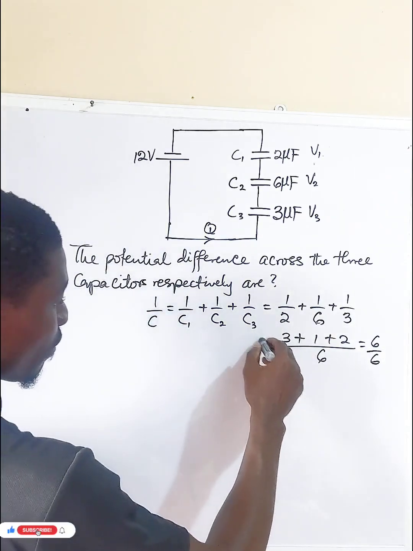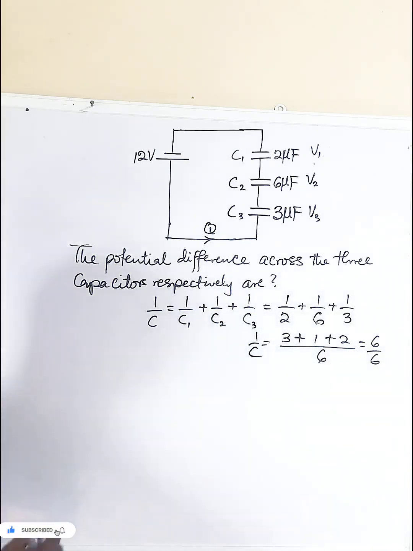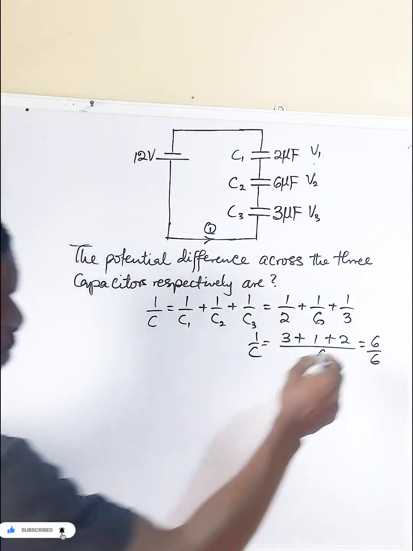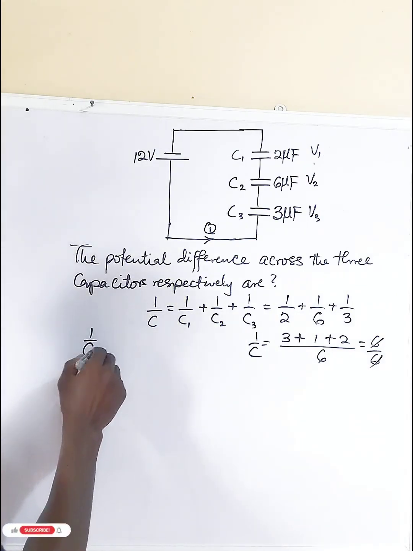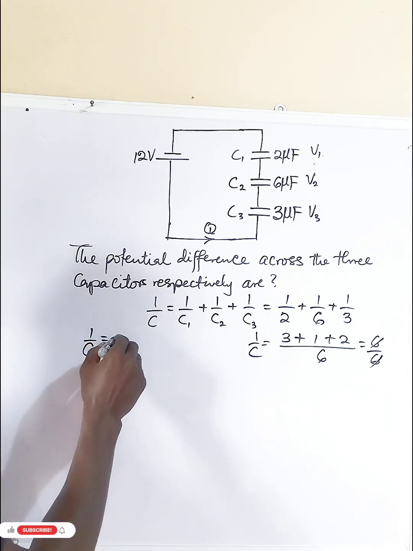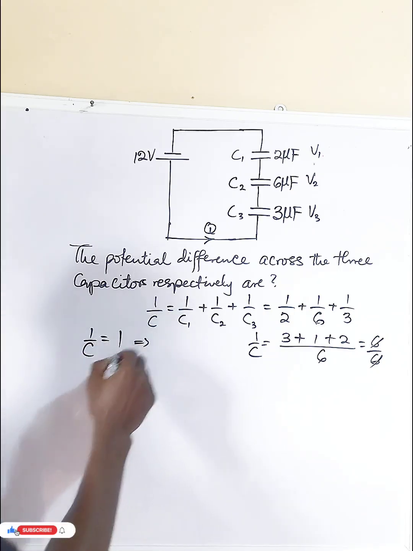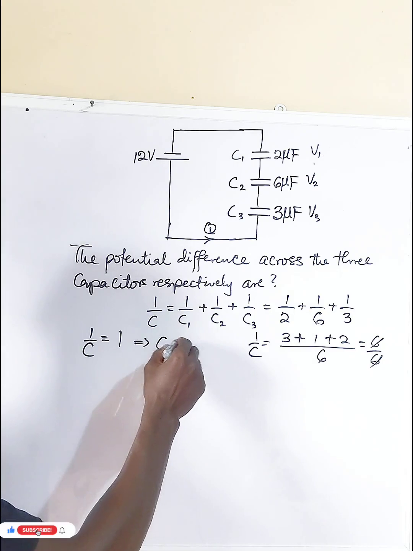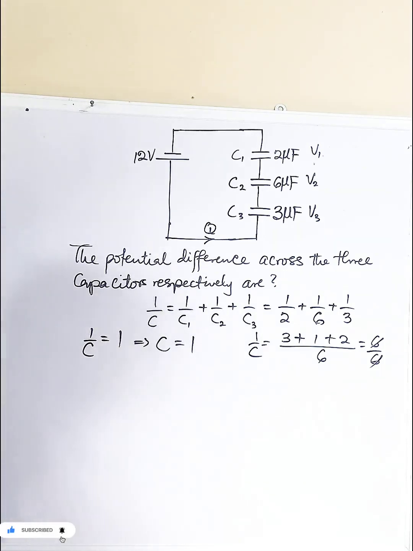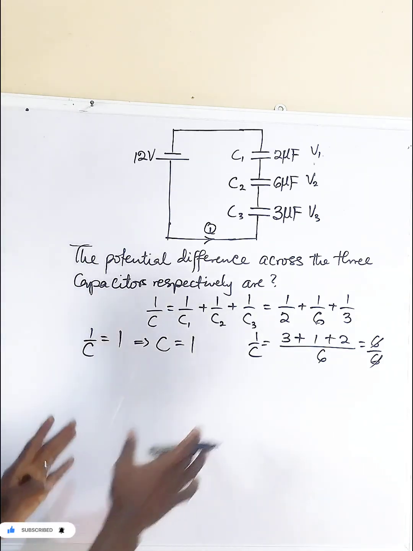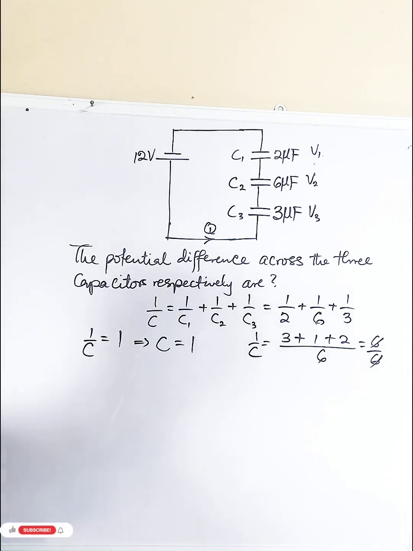So 1 over C, the effective capacitance, gives us 1, which implies that the effective capacitance is 1.